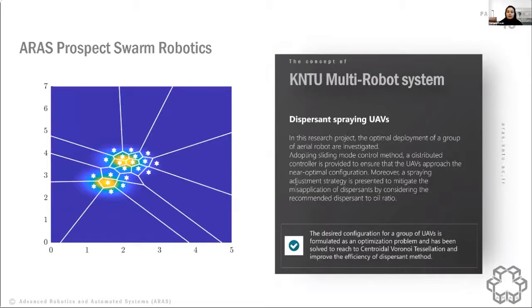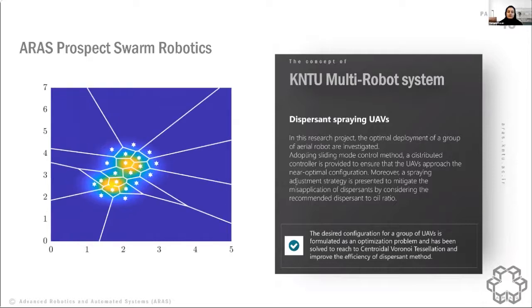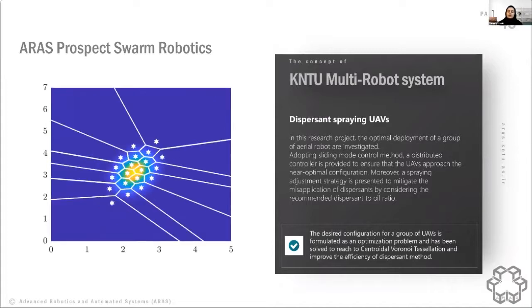The colorful background reflects the spatial distribution of the oil spill over the mission area, and the yellow part represents the region with a higher oil concentration. You can see that the UAVs followed the oil spill distribution changes, and as the oil spill expanded, the UAVs followed this path of expansion.